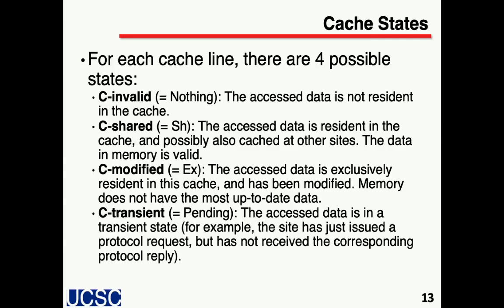You put a request out, go from invalid to transient, and end up in shared. The directory may need to do more work behind the scenes to make that happen, but you go from invalid to transient to shared because you're asking for read access. Likewise, if you want write access and this has already been shared by other people, you start off invalid, go to transient, and go to modified. Once again, the directory figures out how to perform the right transactions to get you there.